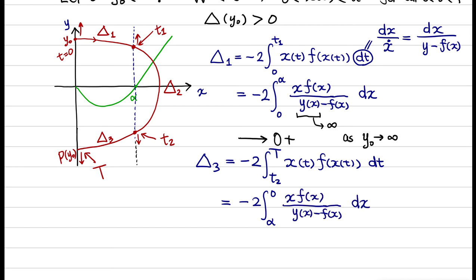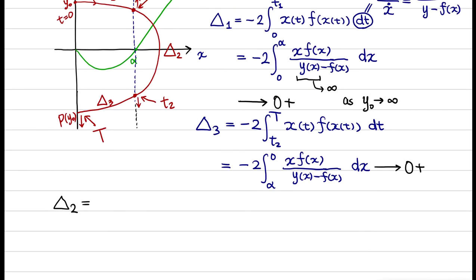And this time y minus f is of opposite sign because the graph of f is higher than the graph of y. But the integral also changed the order. Instead of 0 to alpha, it's alpha to 0. So it's the same phenomenon. It's still going to 0, but delta 3 is positive. So it goes to 0 as y naught goes to infinity.